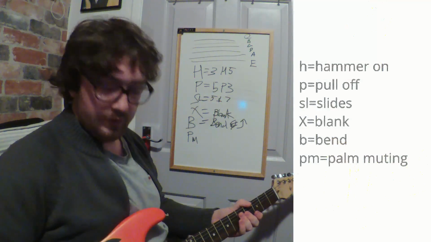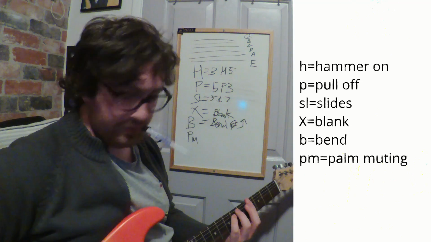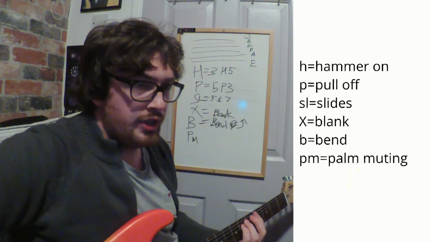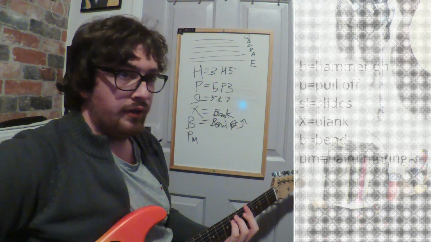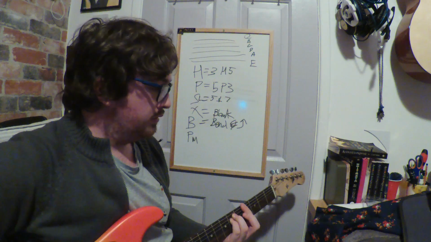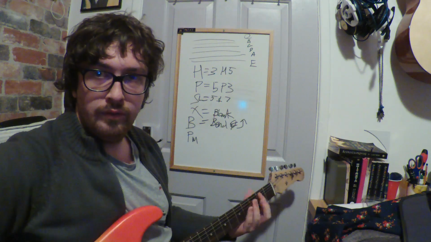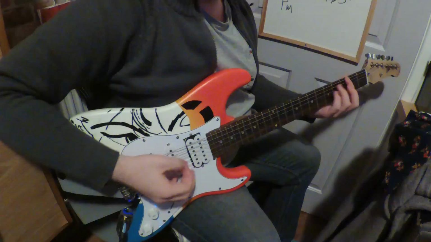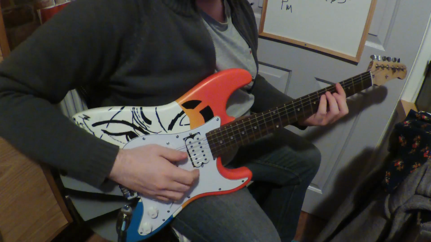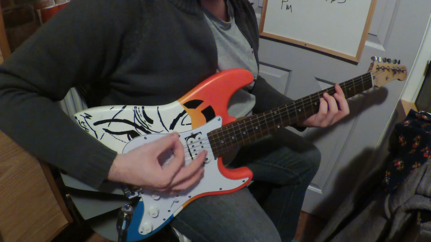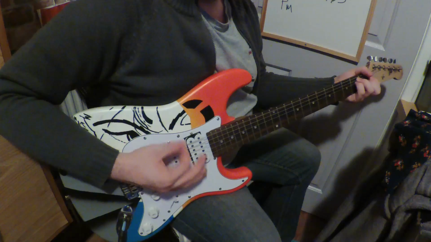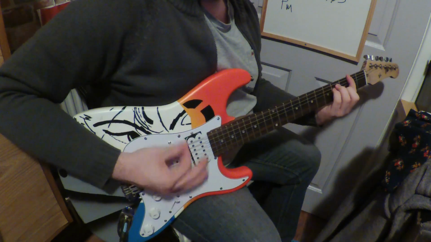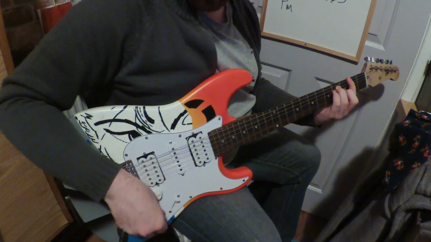PM is palm muting. If you're playing chords, a new song I'm learning is Strawberry Gashes by Jack Off Jill, and you can still hear the chord in it, but I'm using my right hand over the bridge. You can see that I haven't got a pick with me, but you can see that I'm playing like this, and without my hand there, actually.